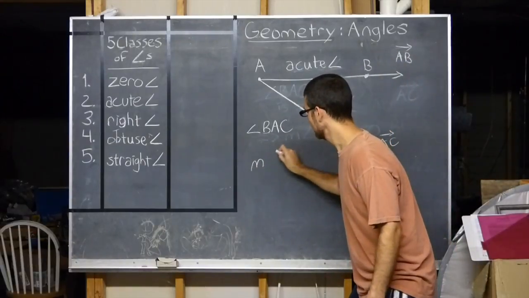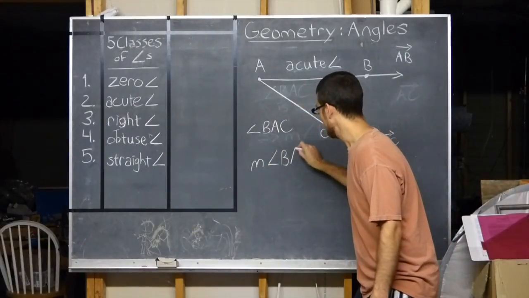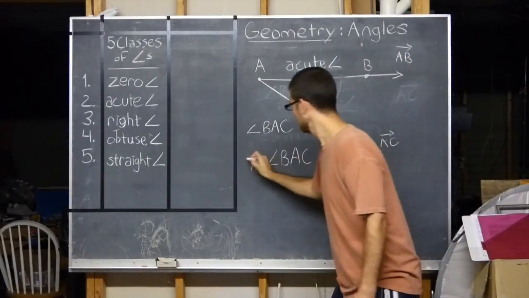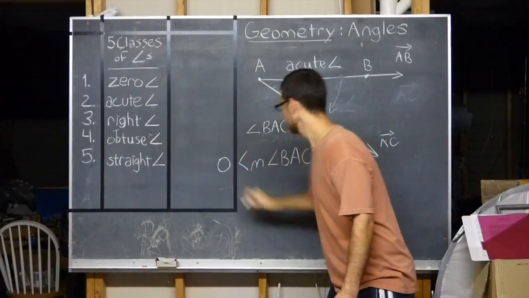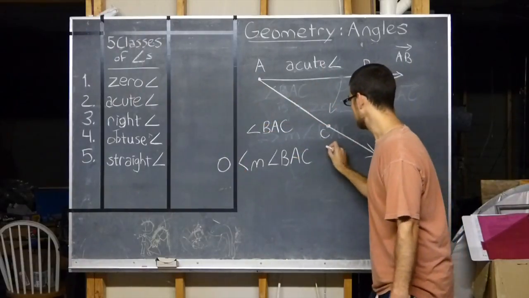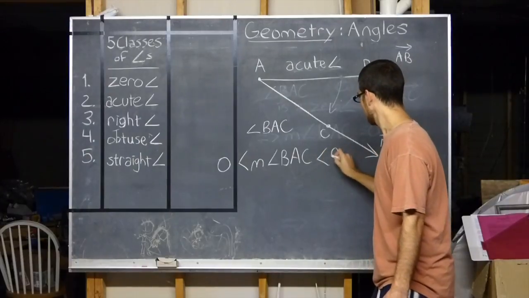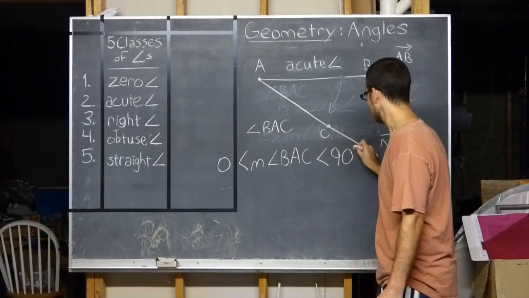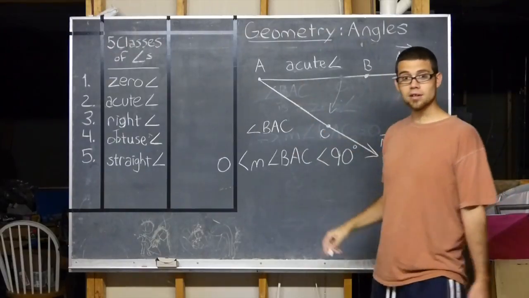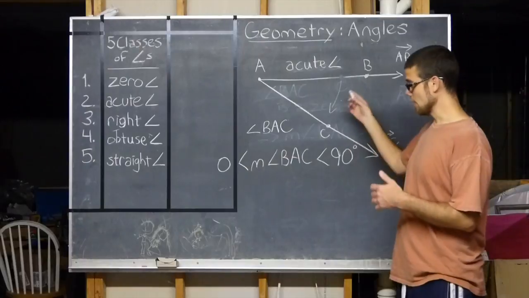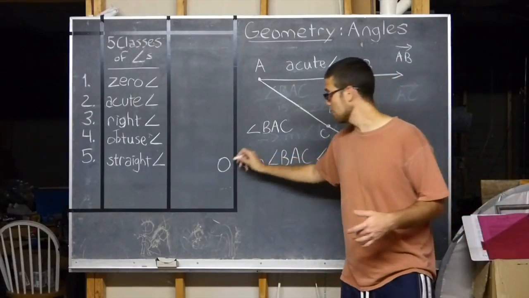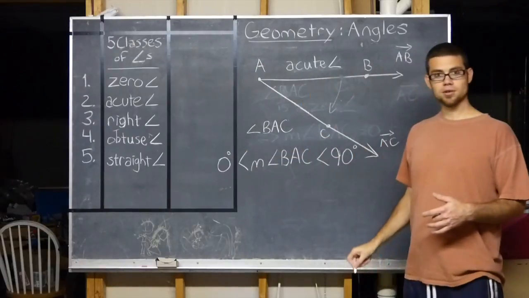So the measurement of angle BAC is greater than 0, because if it were 0, it would be the 0 angle, but it is less than 90 degrees. If this is true, then we have an acute angle. That's the definition. Acute angles have a measurement that is less than 90 degrees and greater than 0 degrees.